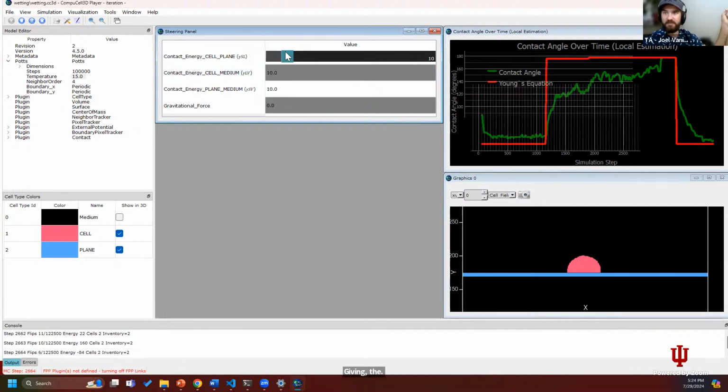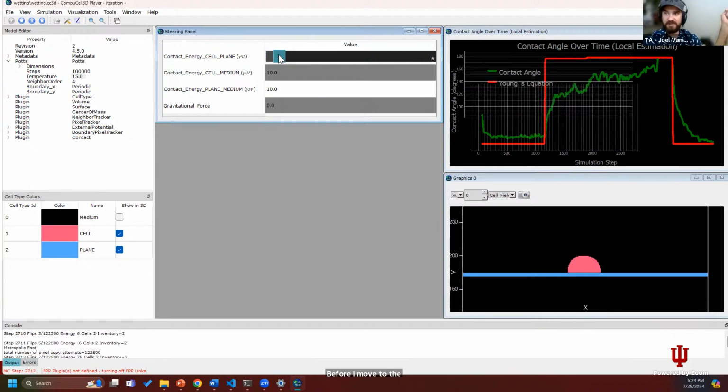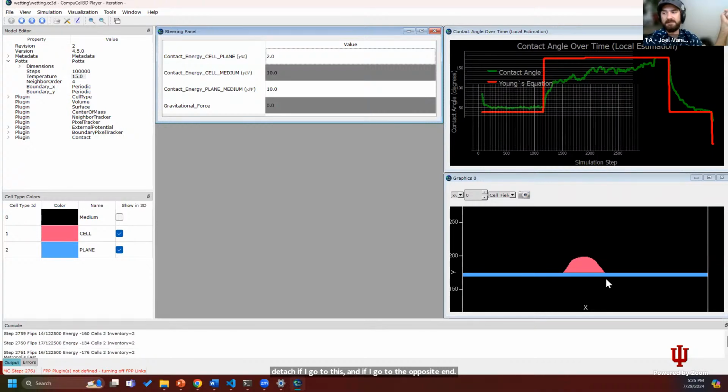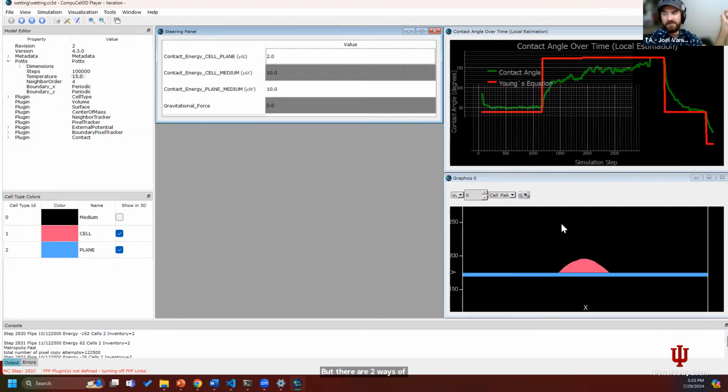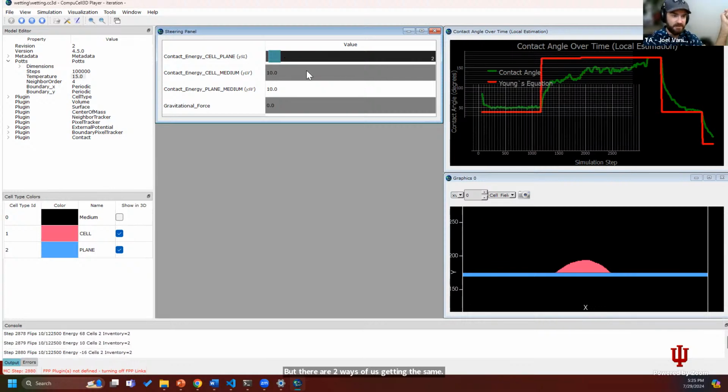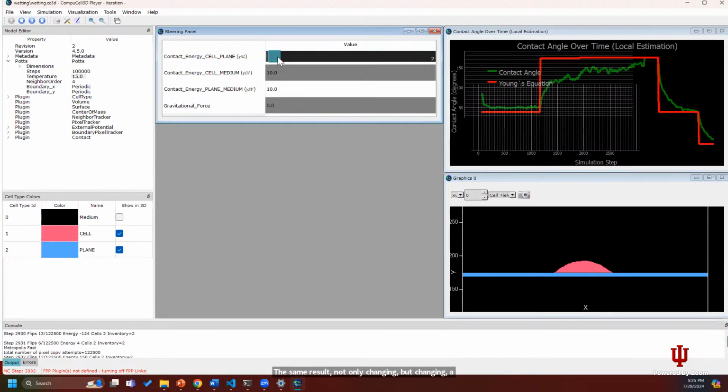Before I move to the cell medium, we know that it detaches if I go to this end. If I go to the opposite end, the cell should spread. But there are two ways of getting the same result: not only changing this, but changing a different energy, increasing the cell medium.